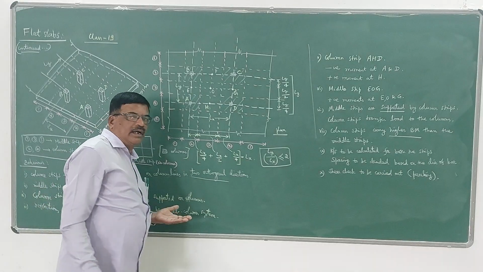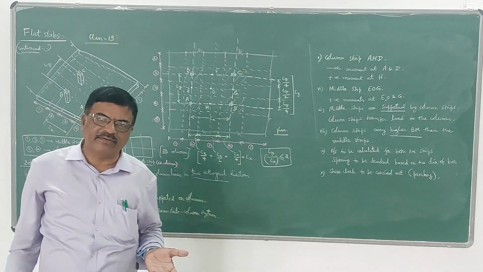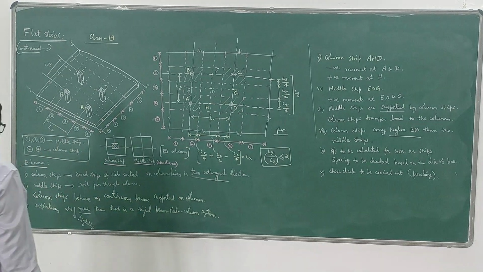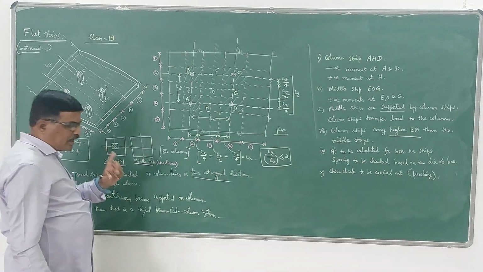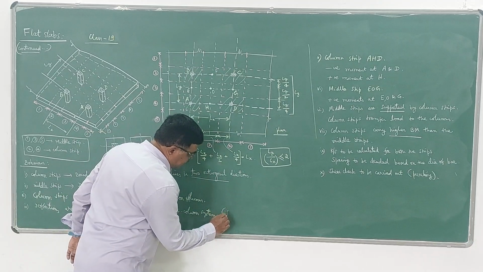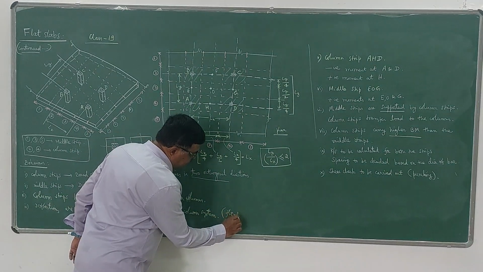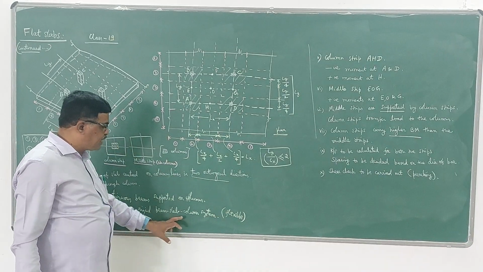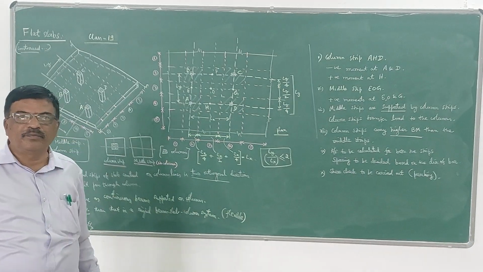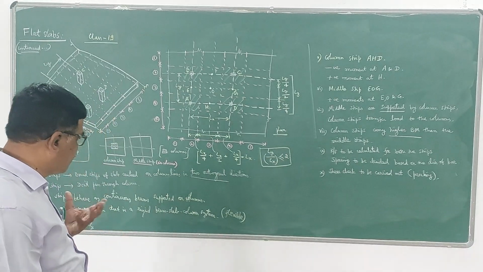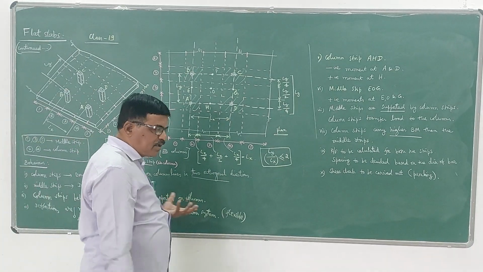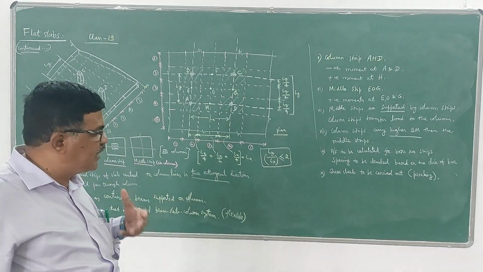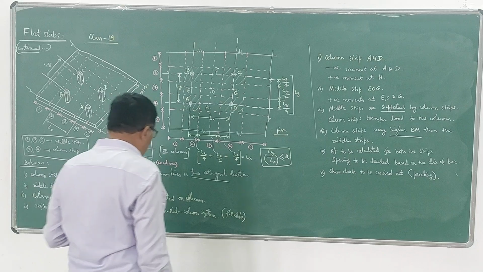If the same building is designed as a flat slab system, then deflection will be slightly more because, as I have told in the advantages, it is flexible. So the flat slab system is more flexible than the rigid beam slab column system. That is why the deflections are slightly more. If a system is flexible, deflections will be more. If the system is rigid, then definitely deflections will be less. So it's a comparison.